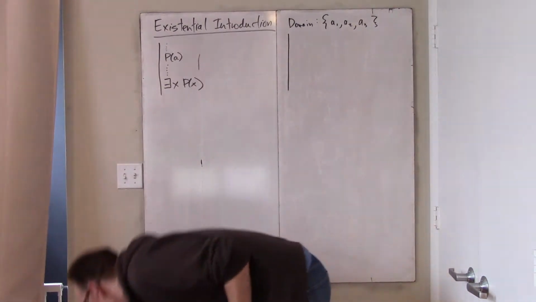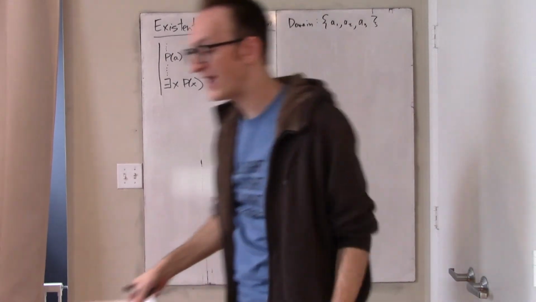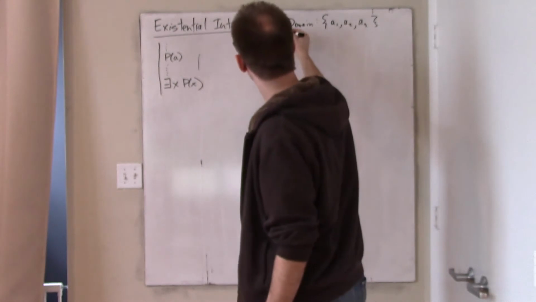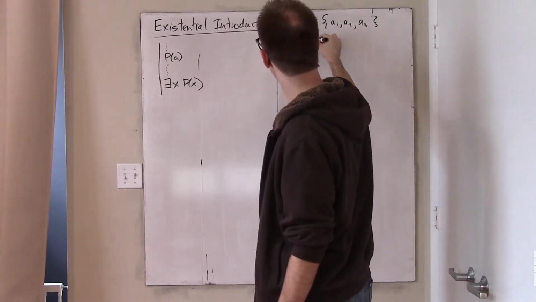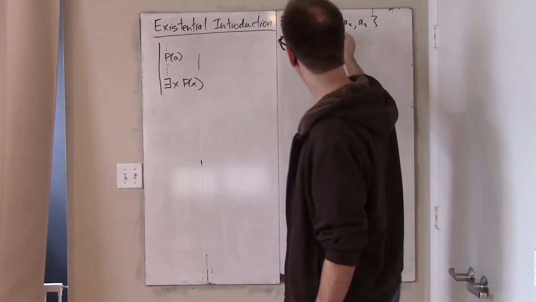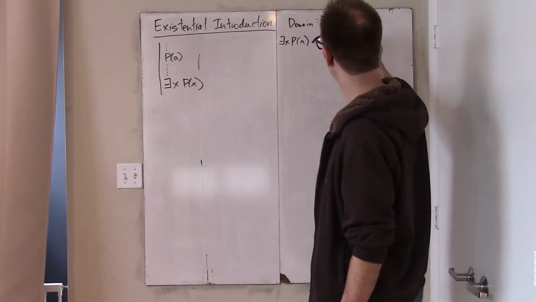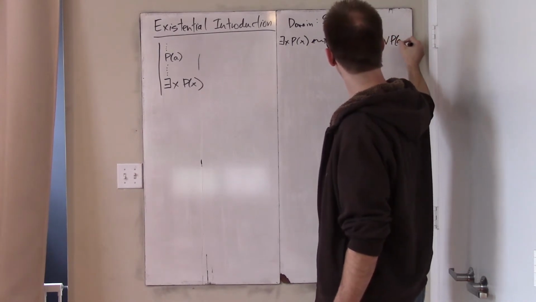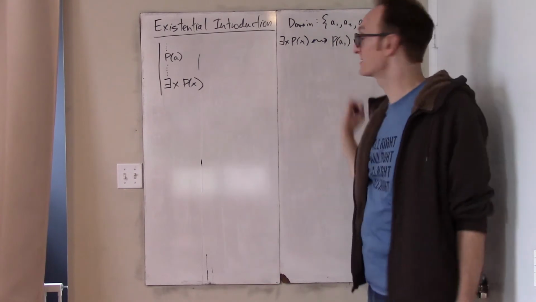Because, as we talked about in class, if you have a finite domain, and you don't mind taking your time, then there exists an X, P of X, should really just be thought of as meaning that A1 has property P, or A2 has property P, or A3 has property P. And that's just what we mean when we say someone has property P.